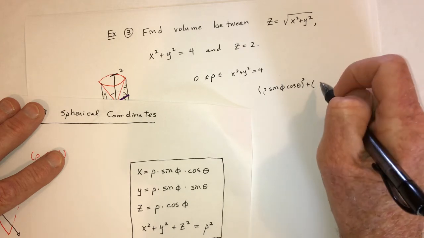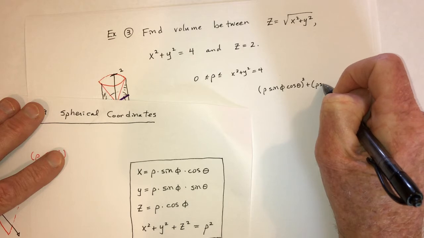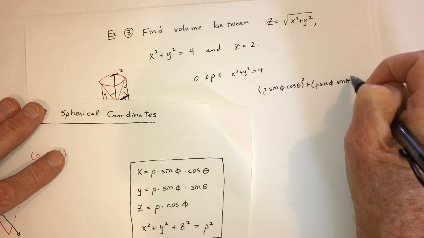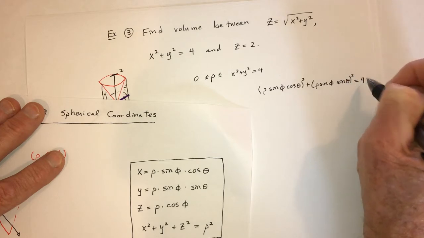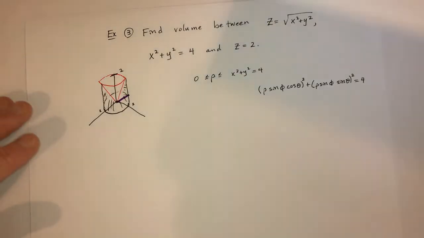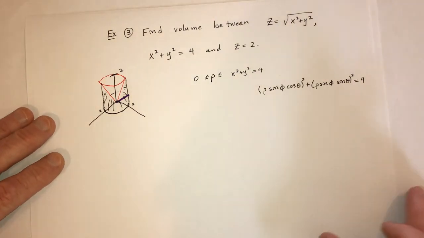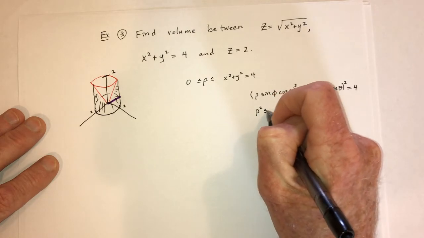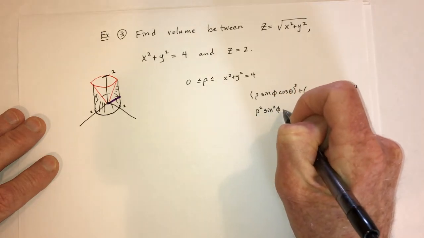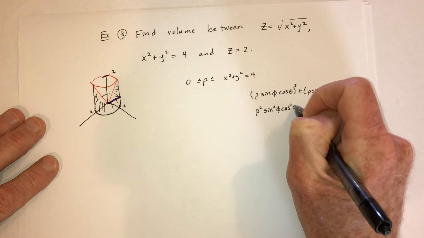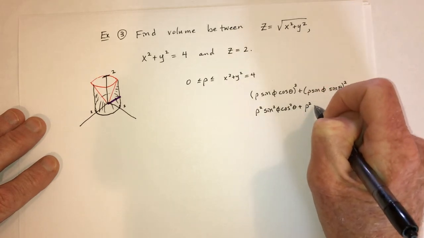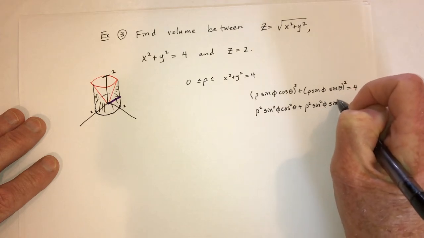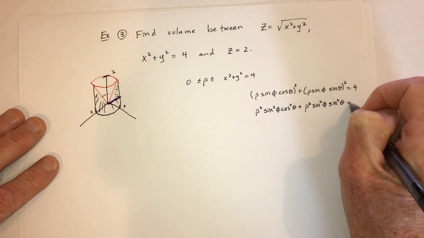Y squared means that it's rho sine of phi sine of theta, and that gets squared, and then it equals 4. And then we need to simplify this. So there would be rho squared sine squared phi cosine squared theta plus rho squared sine squared phi sine squared theta equals 4.